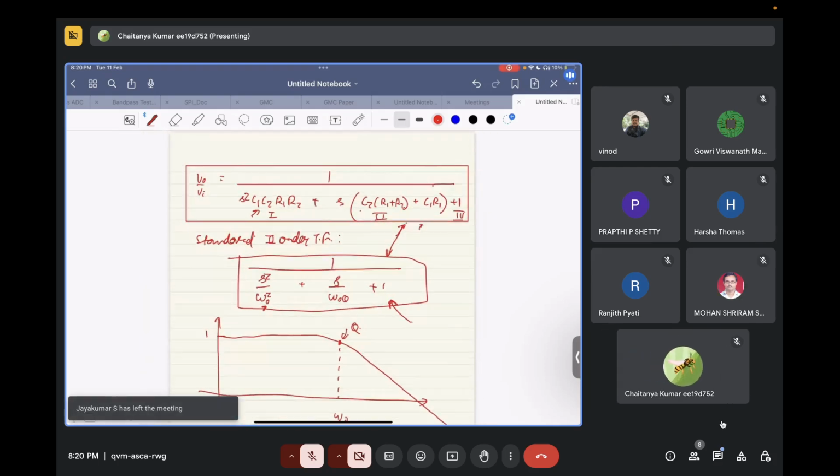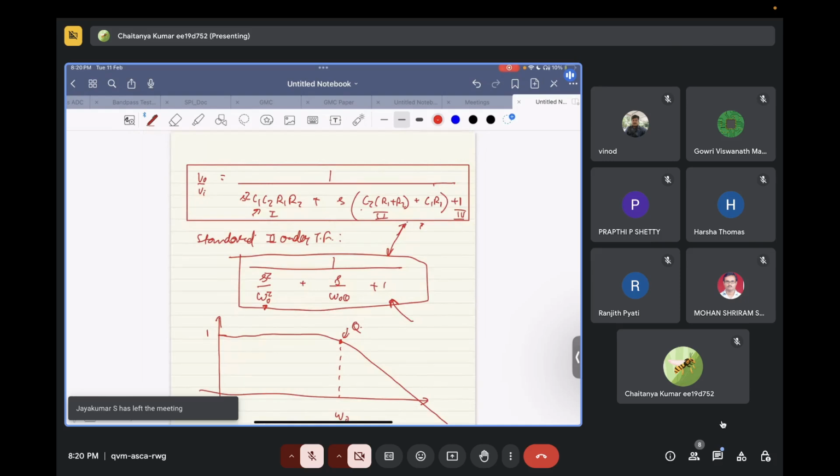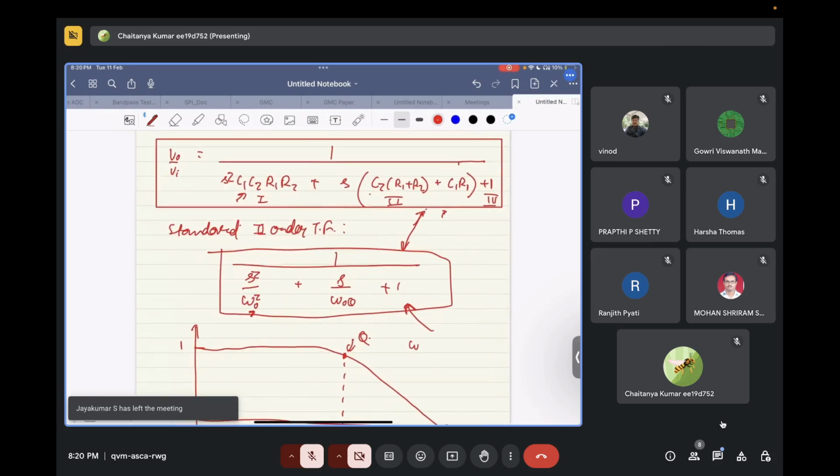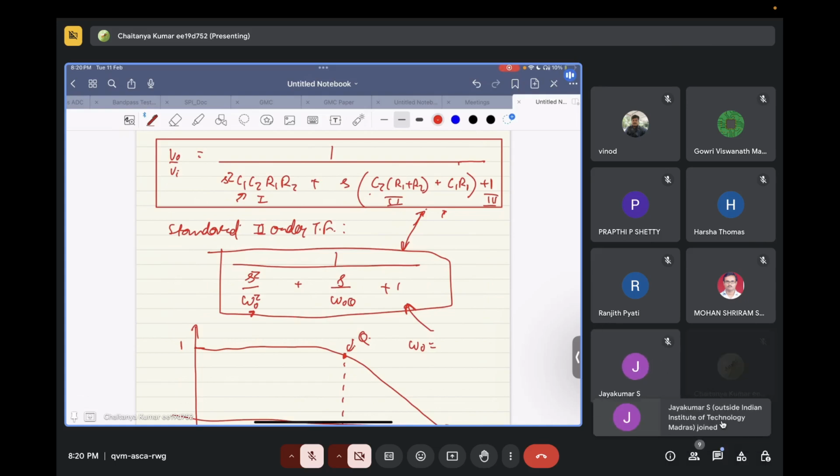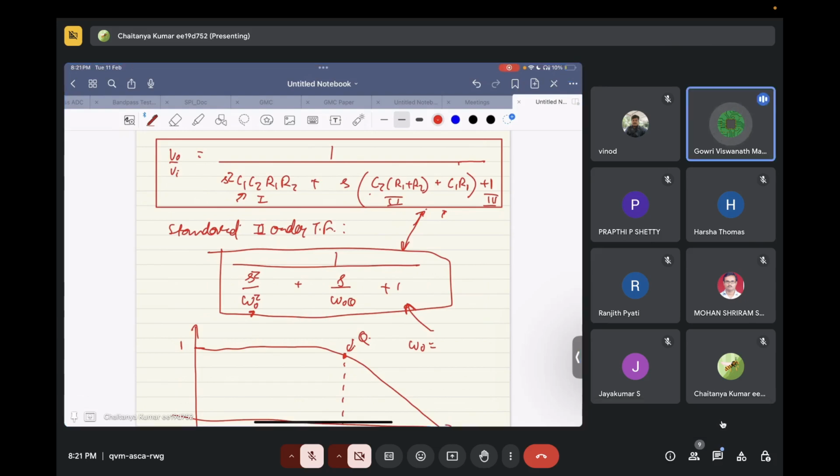So based on these two equations, what is omega naught in our circuit? What is the value of omega naught? C1, C2, R1, R2.